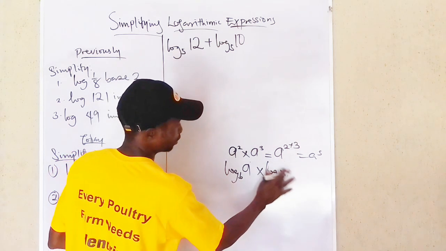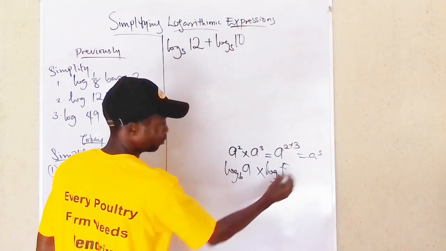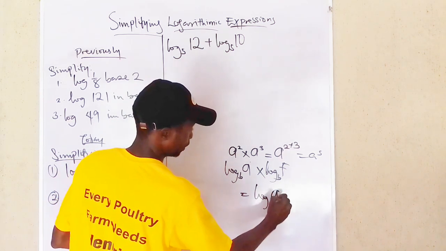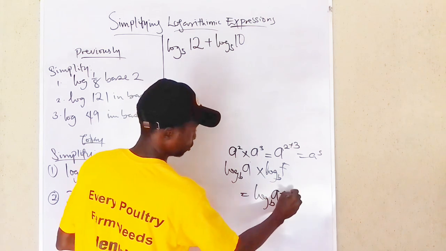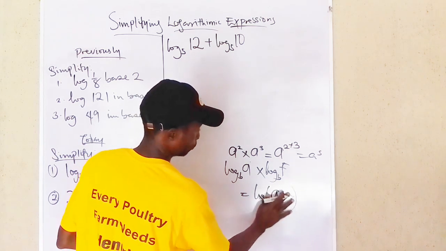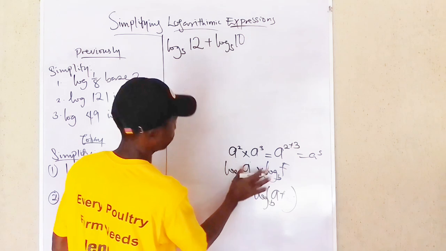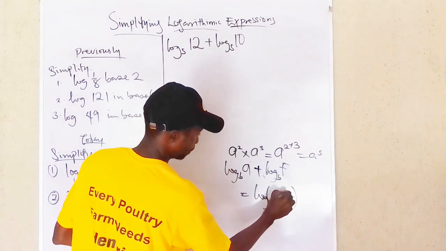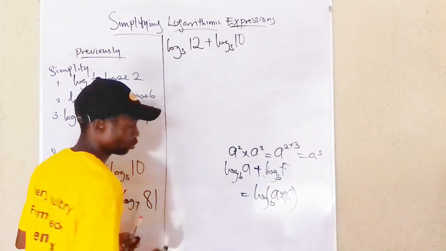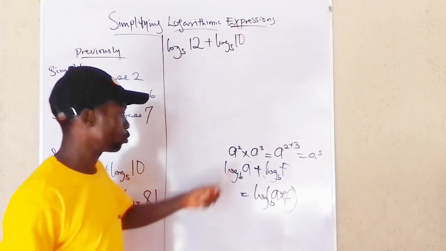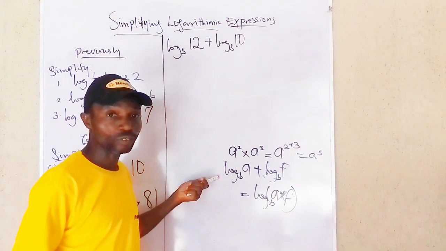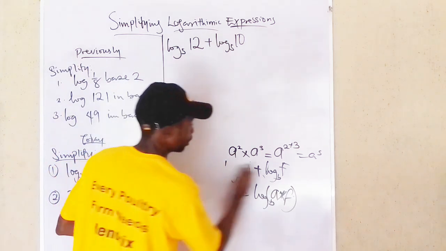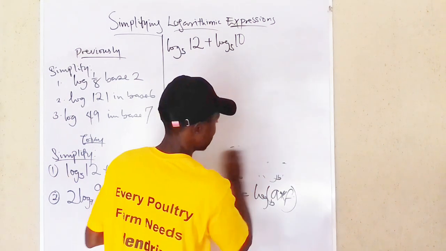So log base b of a times f: this times will change to plus. This plus this will be a times f. So that's what we're doing. This is another law like that, the product rule, and that's exactly what we're going to apply in this case.